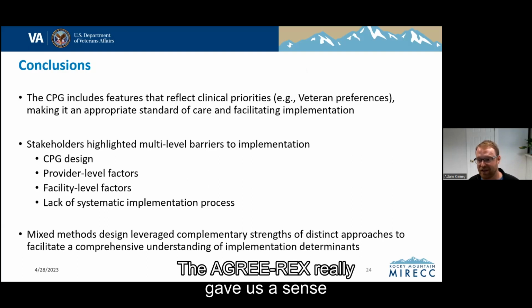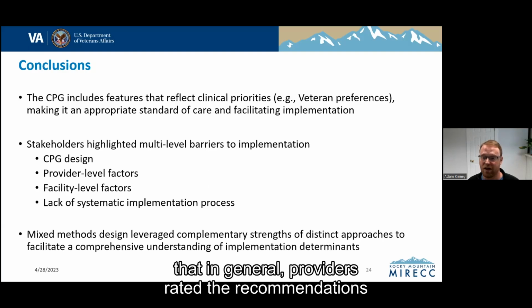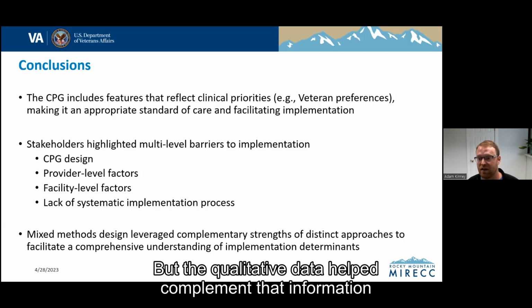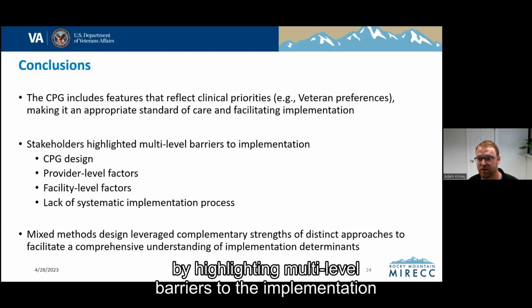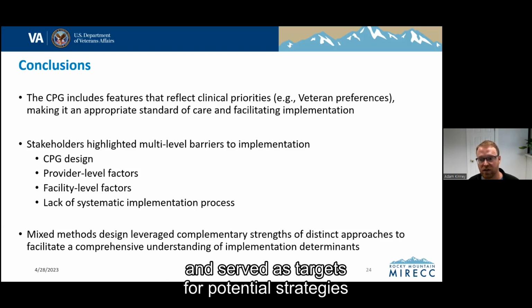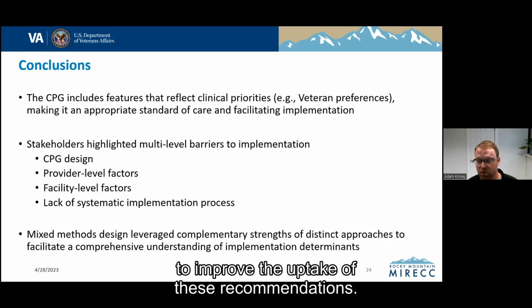The AGREE recs really gave us a sense that in general, providers rated the recommendations of high quality, but the qualitative data helped complement that information by highlighting multi-level barriers to the implementation of these recommendations, and these were specific in nature and served as targets for potential strategies to improve the uptake of these recommendations.